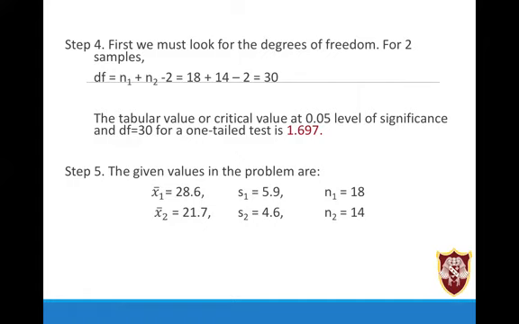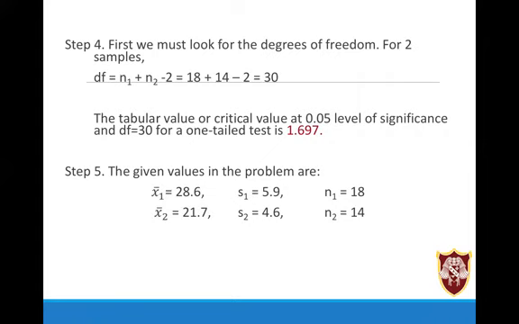And then from the given problem, the values that are specified are the two means. Bar x sub 1 is 28.6 and bar x sub 2 is 21.7. The standard deviation of the first sample is 5.9. The standard deviation of the second sample is 4.6. So based on our previous discussion, we know that the standard deviation is a measure of variability.